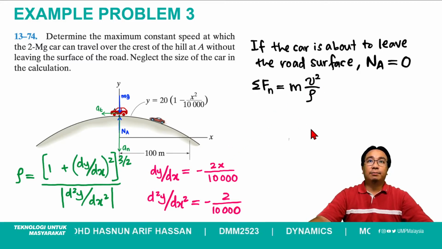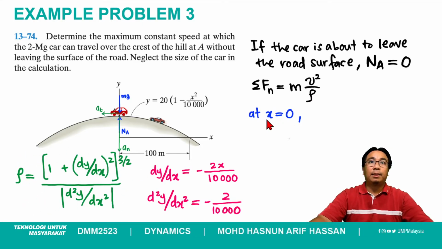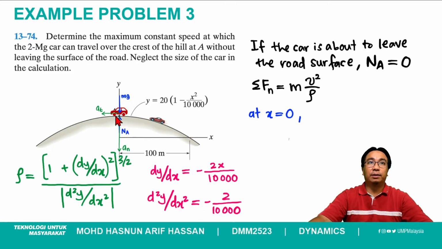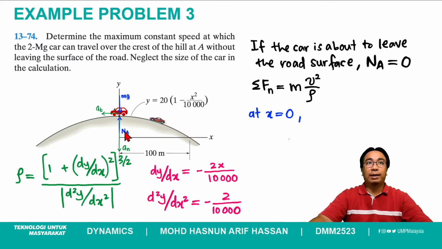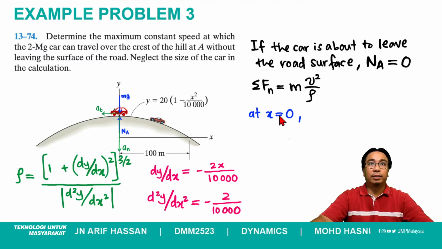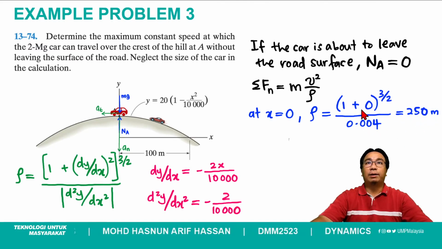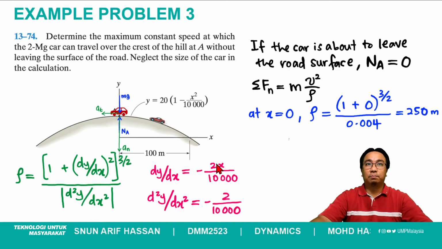Okay, then once you have all this, you can substitute in the values. What we want to know is at x equals to 0. At this point, x is equal to 0. X is 100 over here. Here is x equals to 0. This is the coordinate given. Okay, xy coordinate. So at x equals to 0, rho will be 250 meter. 1 plus 0, you key in 0 in here, will be 0.